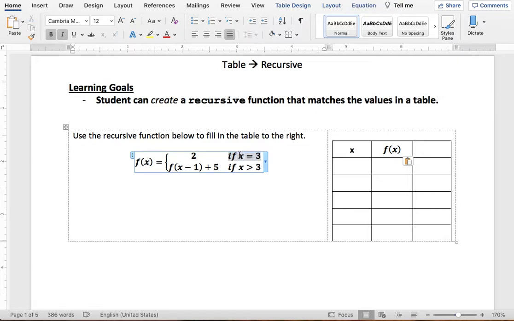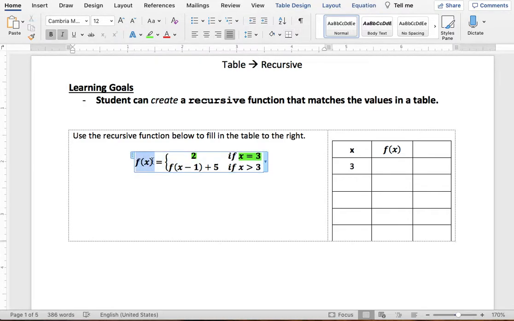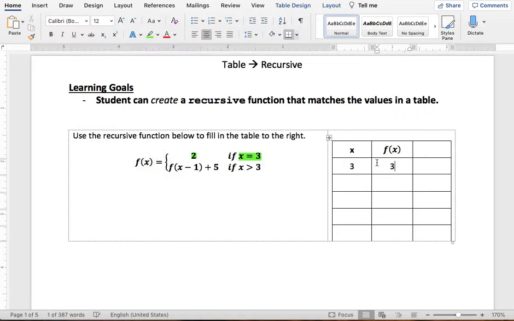I know that my first values are when x is equal to 3, my f of x is equal to 2.